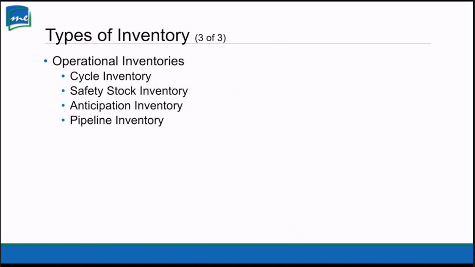You will receive it in several days or several months. So when you want to know how much inventory you have, you need to count the inventories you keep on hand in the warehouses, and also the inventories in transit, on the way. So these are the four types of inventories in our operational dimension.